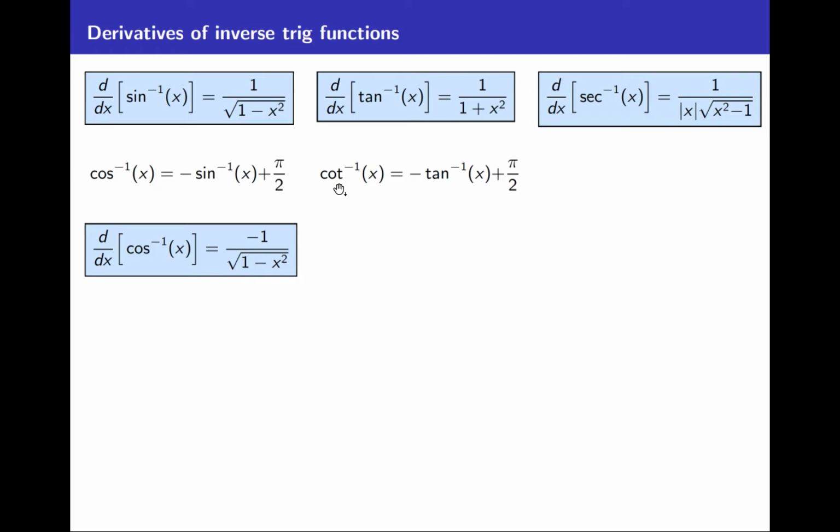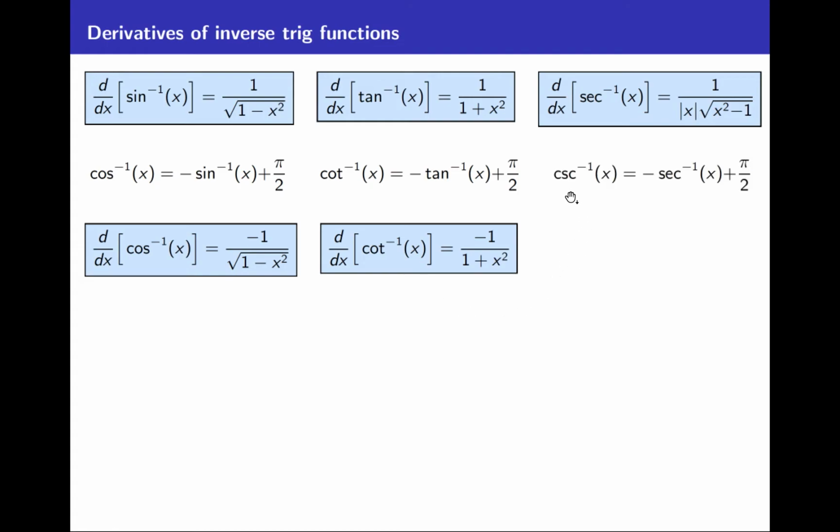So if we want the derivative of cotangent inverse of x, it's negative the derivative of tangent inverse of x plus the derivative of pi over 2. And that's just negative the derivative of tangent inverse of x. It's negative 1 over 1 plus x squared. And we have our next rule.